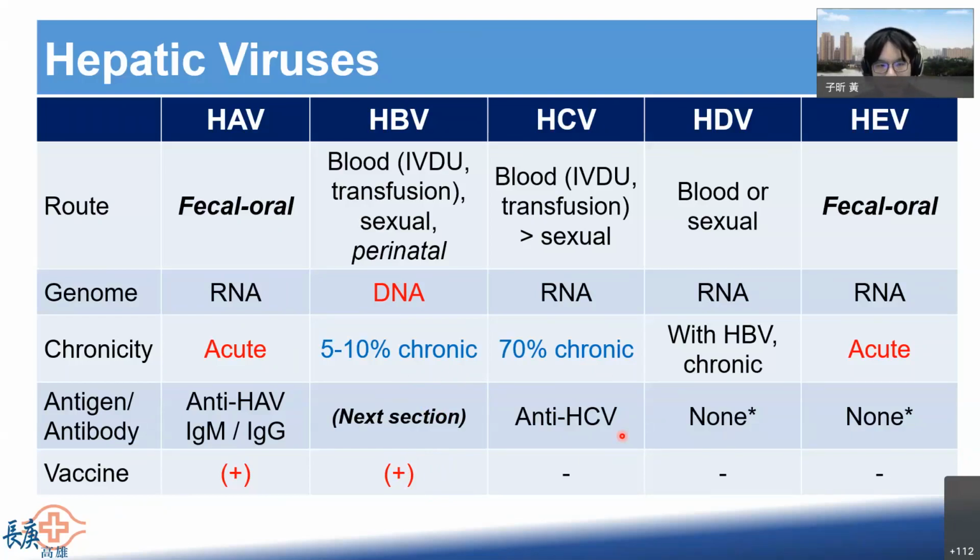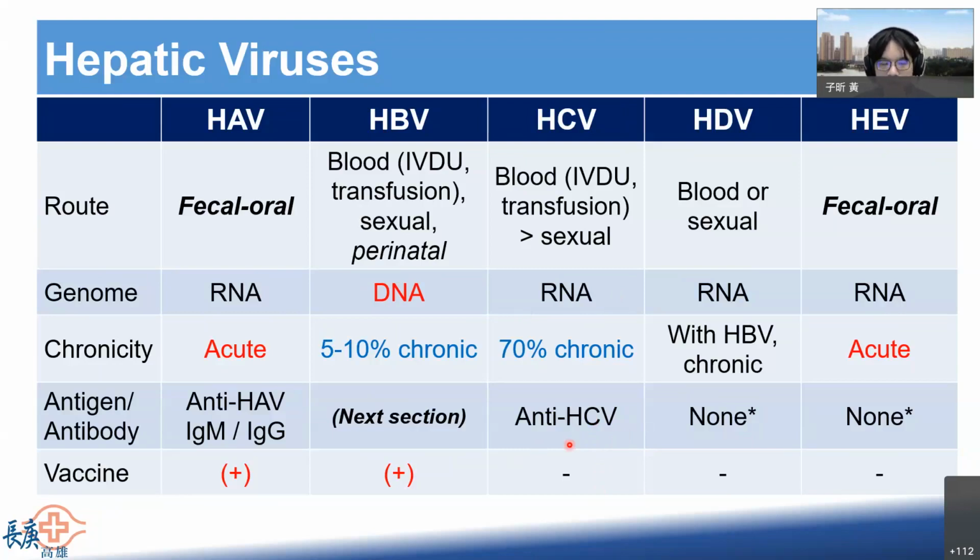So the HCV, if you check for the antibody, it will be positive if the patient has been exposed to the HCV virus, but it will always remain positive. So this is not a diagnostic marker or a protective antibody. It just indicates that this person was once exposed to the HCV virus, but you need to check if the RNA is present to determine if the patient is still actively, chronically infected with HCV.